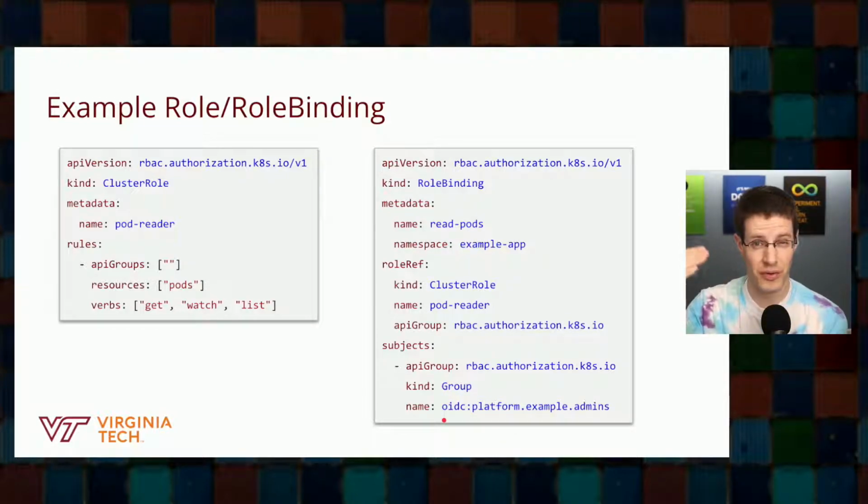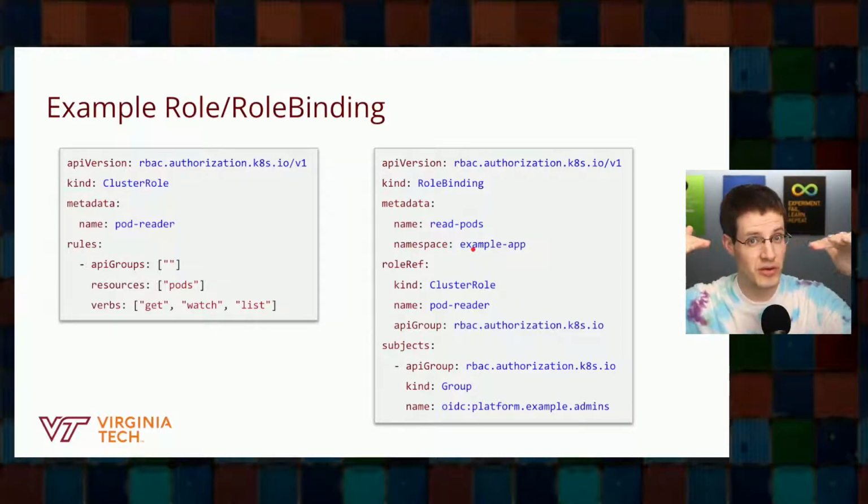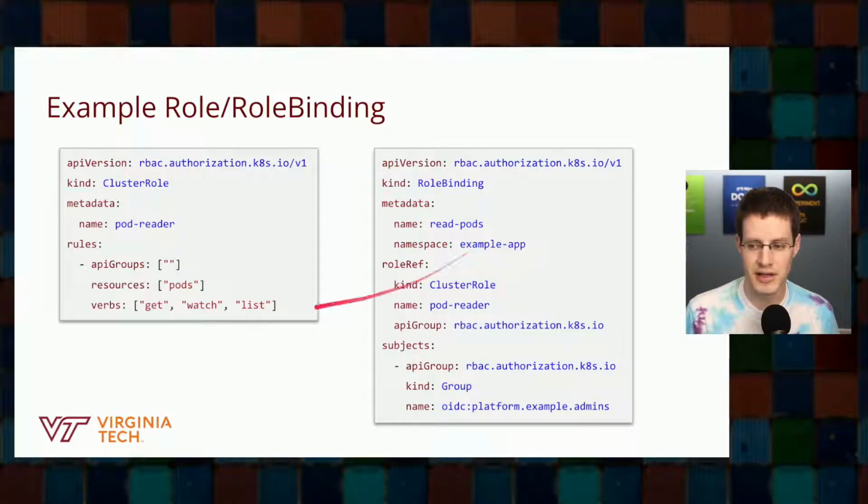Again, this would go through an impersonation type thing, and we'll see another example of that in just a minute. So any user in this group would effectively have the cluster role. But since this is a role binding, it's scoped to the namespace example app. I hope that makes sense. I've got this cluster role defined at the cluster level, and it's going to grant access to users in this group, but only to this namespace.